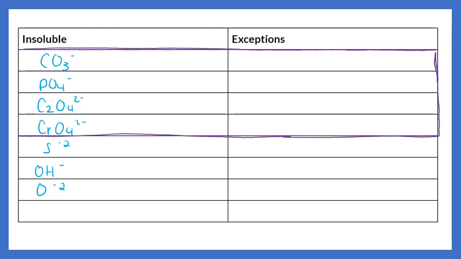except when mixed with group 1 metals and NH4, ammonia. Sulfide's exception is when it's bonded to group 1, group 2, and ammonia. So sulfide is insoluble unless it's mixed with one of those, then it'll be turned into the liquid.